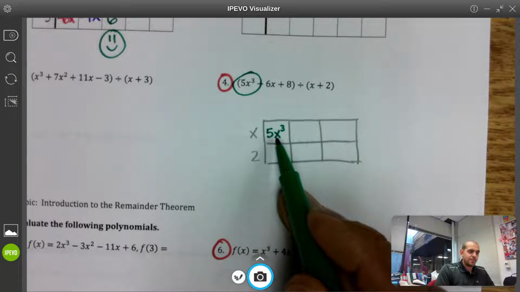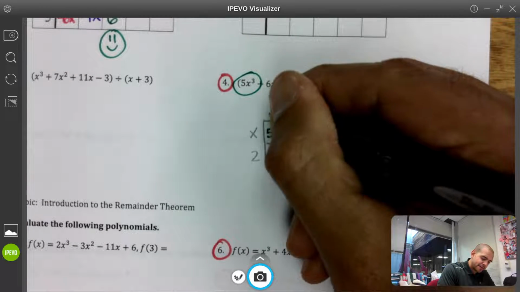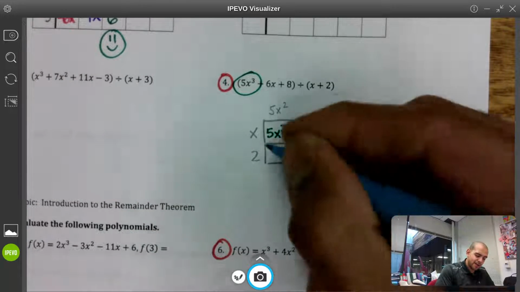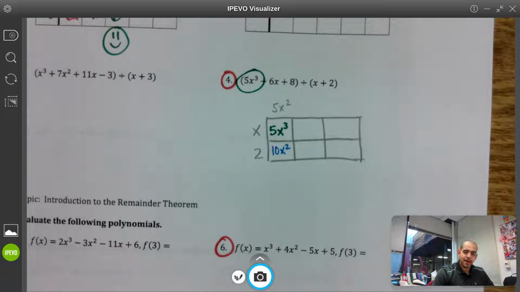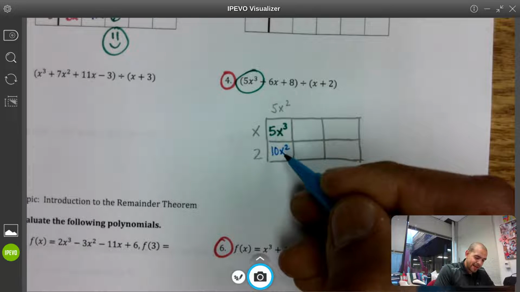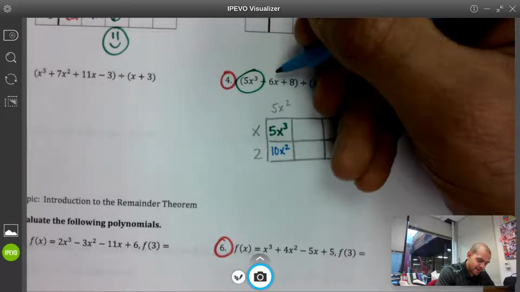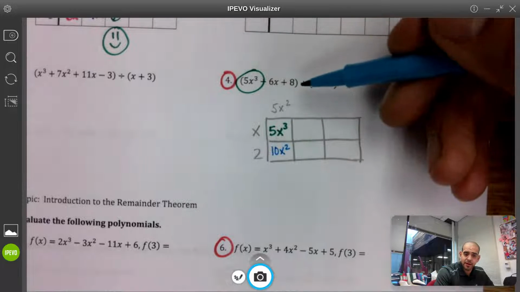So x times what will get you 5x to the third? That is 5x squared. So that means this box is 10x squared. Okay. So then what can I add here to get, oh, there is no x squared, right? Do you notice that there's no x squared?